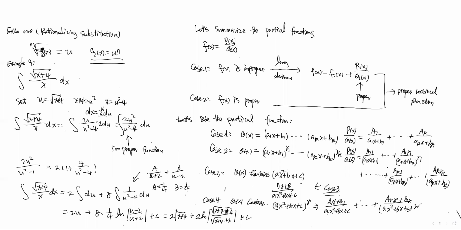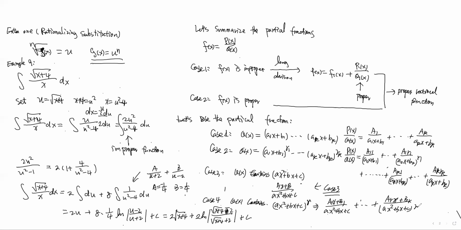There are a lot of questions here. You may say, what if q(x) contains a linear term and a quadratic term, or for some quadratic term the power is 1 and for some it's greater than 1? What do you do?